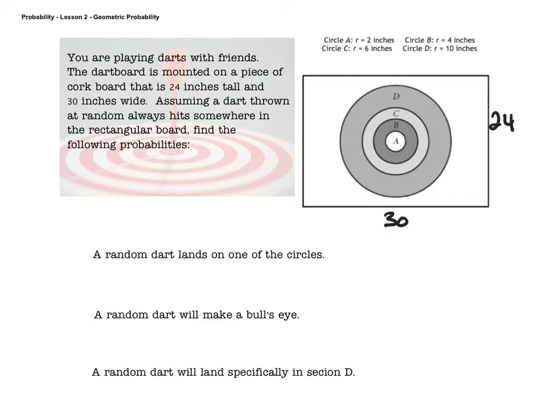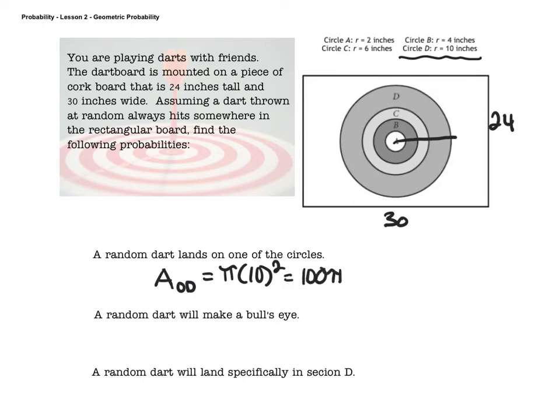Okay, so a dartboard lands in one of the circles. Well, the big circle, this one right here, contains all of them. So that's circle D. So the area of that circle, it's a circle. Maybe we should change this so it's a little bit more clear. Let's do area of circle D is equal to pi 10 squared, which is 100 pi.